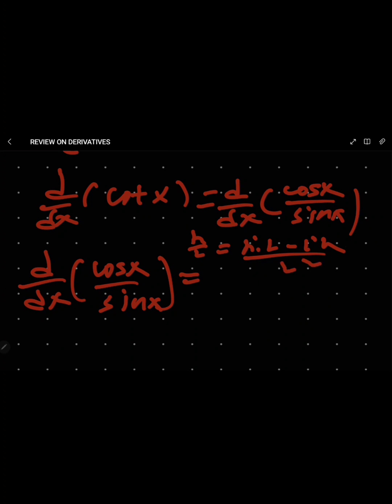That's pretty easy. So d per dx of cos x over sine x is equal to the derivative of cos x, which is minus sine x, times sine x. Okay, let me write this.